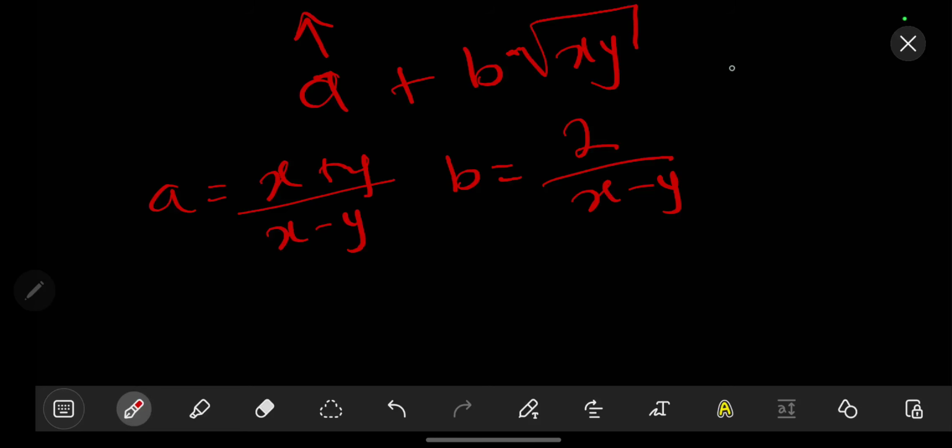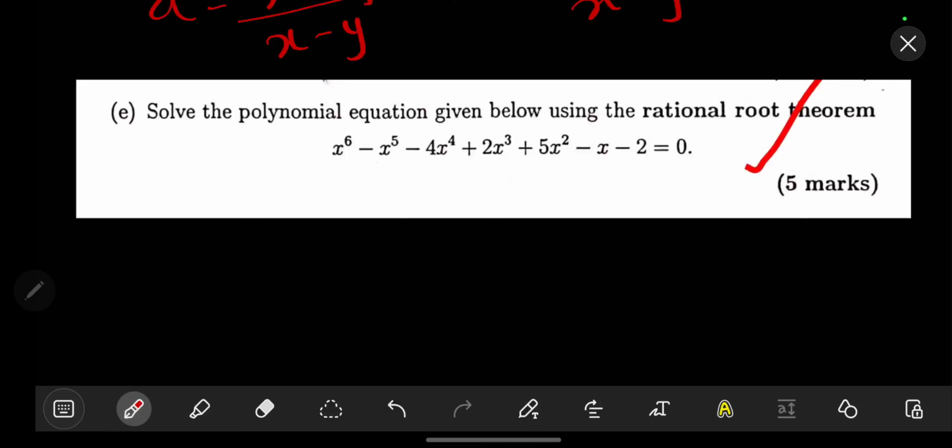Let's move on to our next question. So let's say we are to solve this polynomial equation given below using the rational root theorem. So what we can do for this one is that we are going to treat it as also factorizing, just in case that question came.